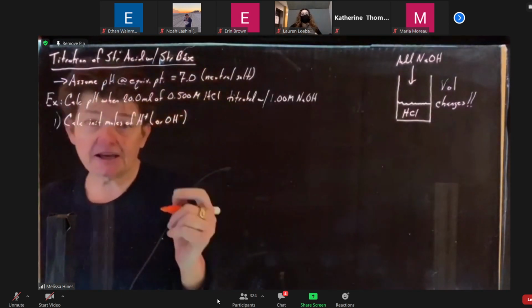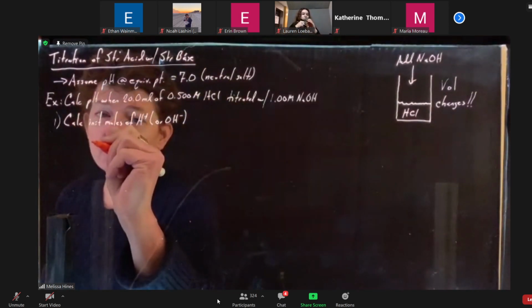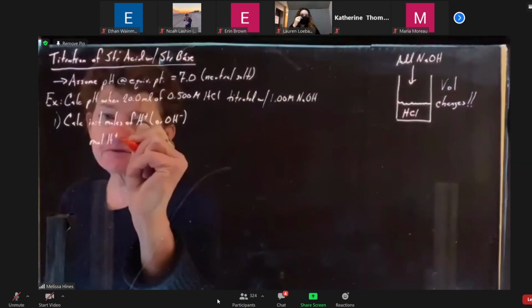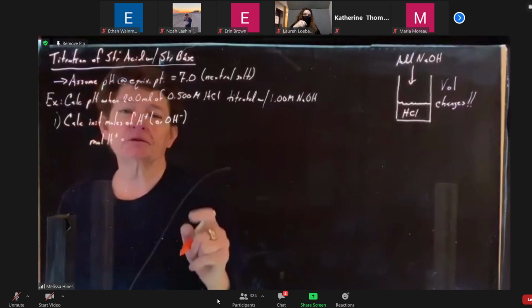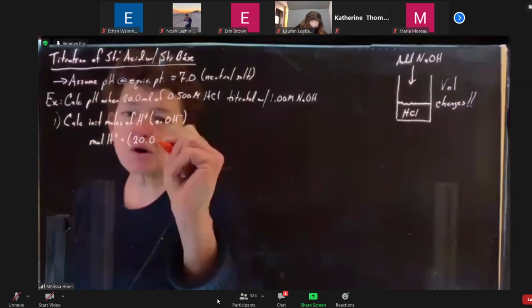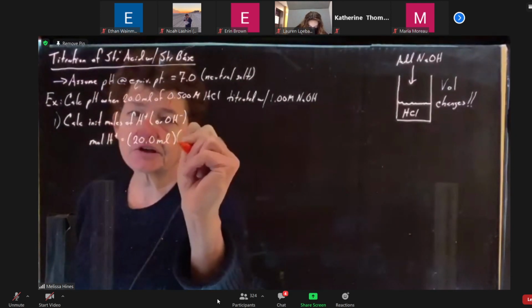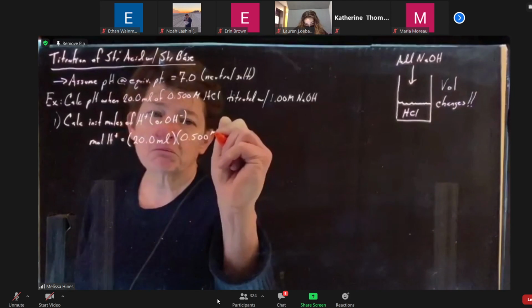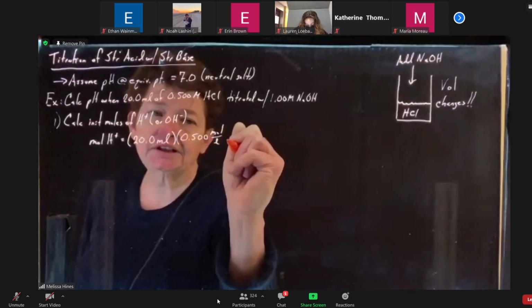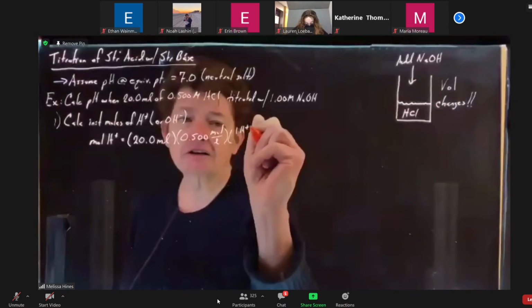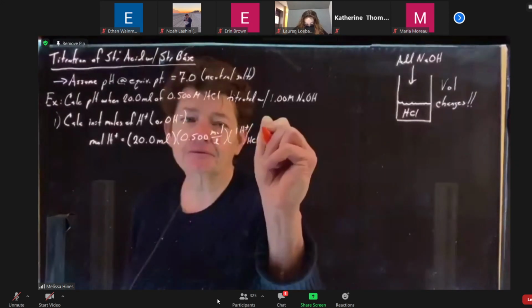To do that, we say that our moles of H plus is simply going to be equal to 20.0 milliliters of 0.500 moles per liter of HCl, and I'm going to get 1 proton for every HCl.